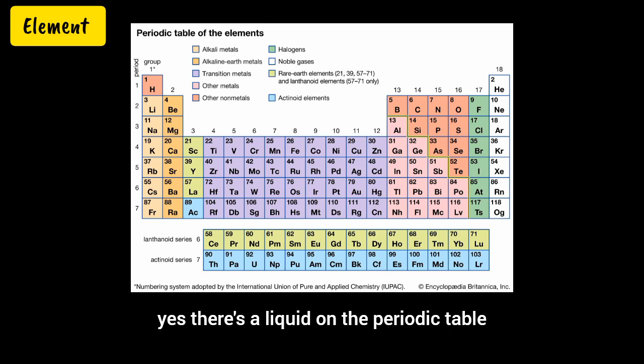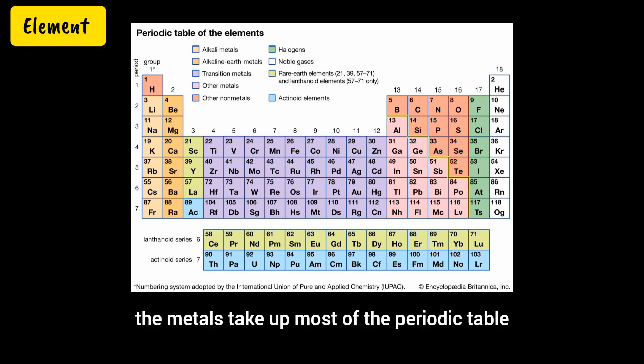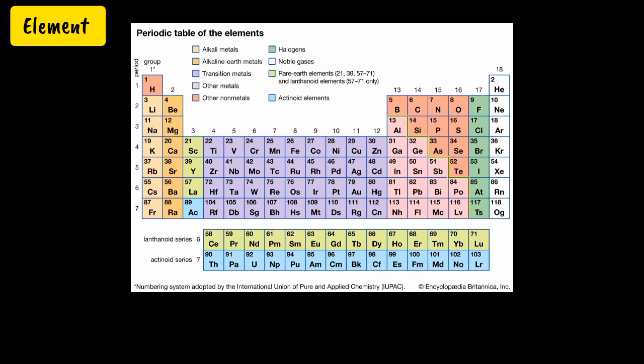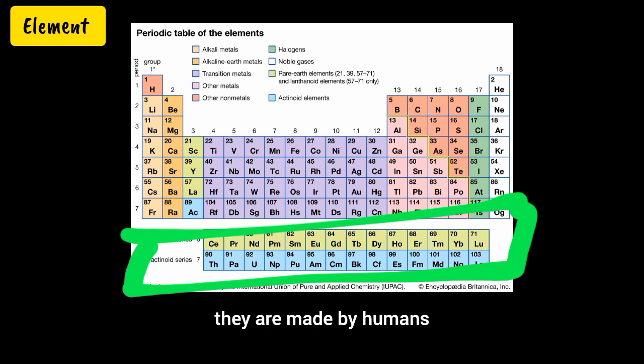Yes, there's a liquid on the periodic table. The metals take up most of the periodic table. And don't worry about these elements, they are artificial, they are made by humans. They are not natural.